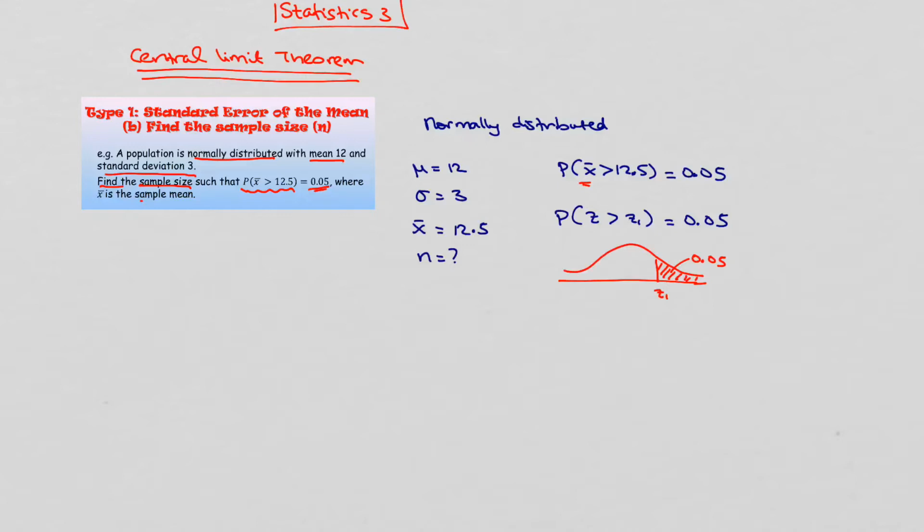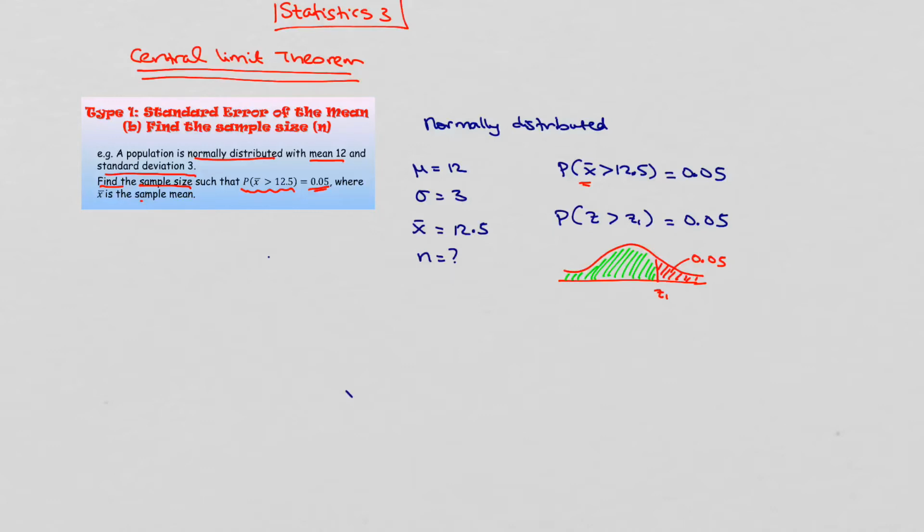So again, what we know is that if I look at less than that z-score, I'll get all of this green shaded area. And the green and the red together makes a probability of 1. So therefore, if I subtract the green area from 1, I'll get the red area.